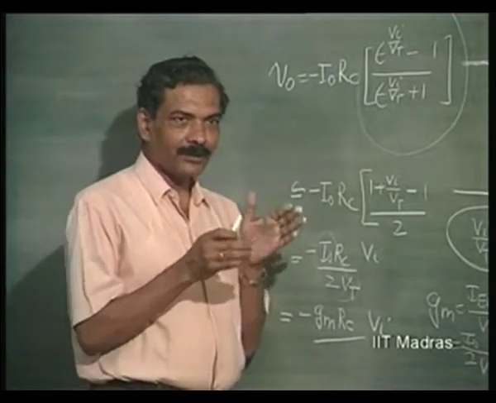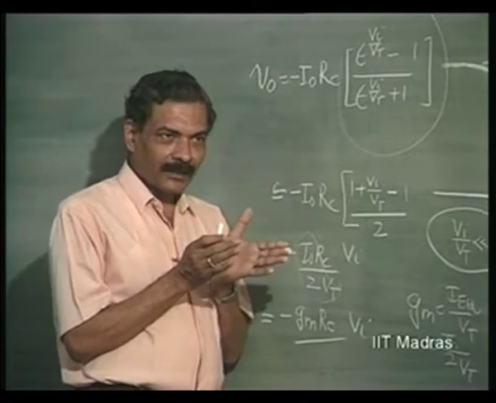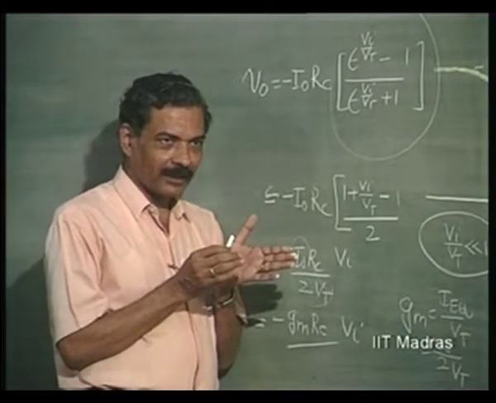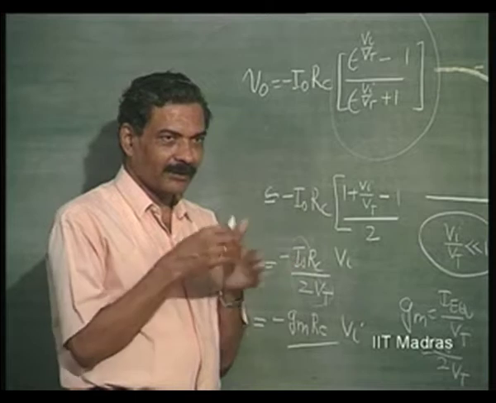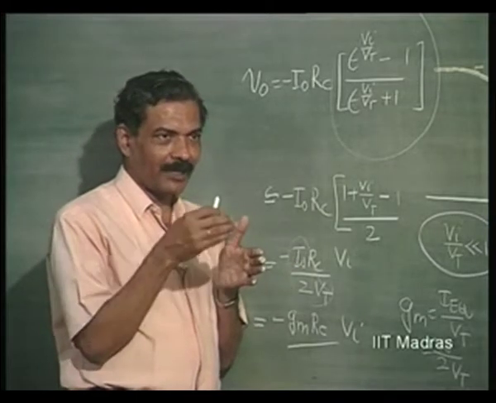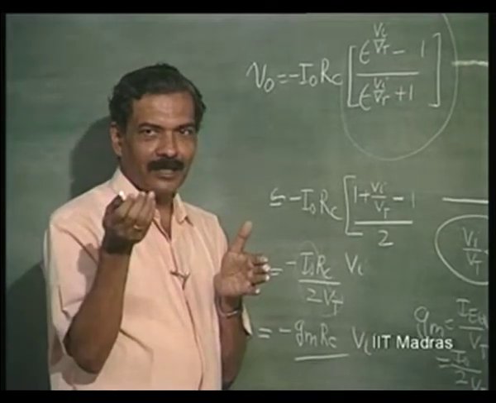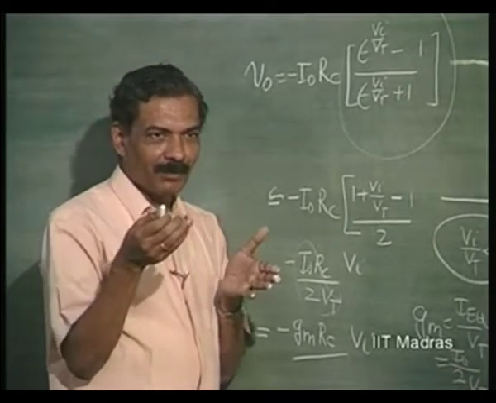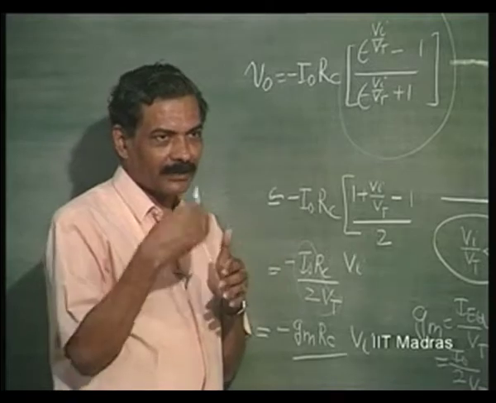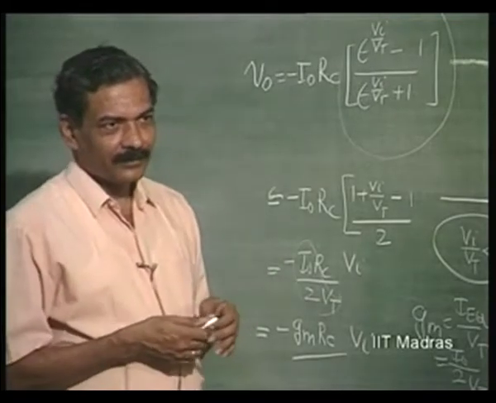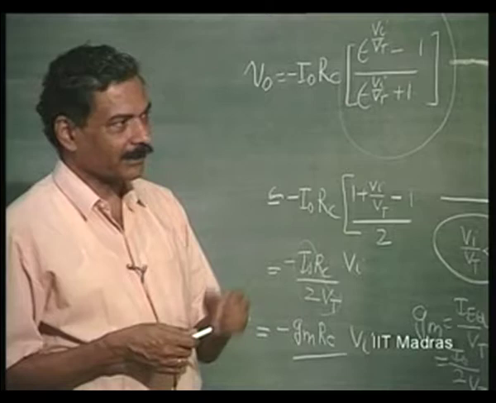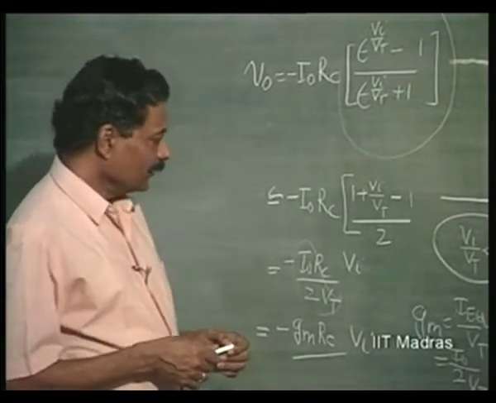This is because they get cancelled with one another, these square functions, VI by VT whole squared and VI by VT to the power 4, all these things, and then you get cubic and fifth order like that. It is an odd function.